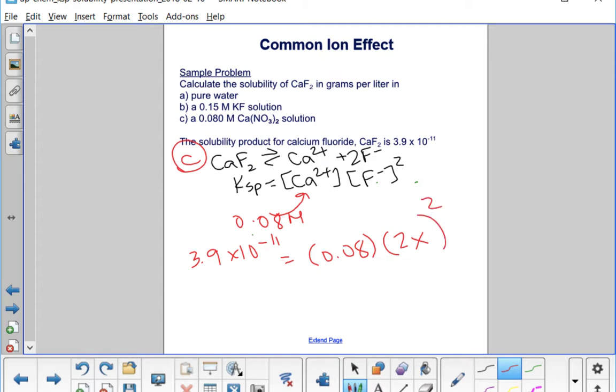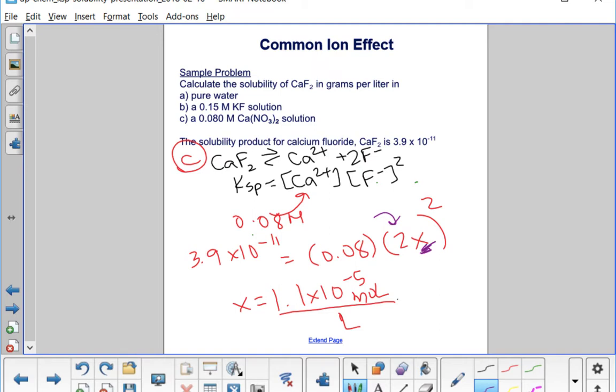Here we just have to solve for X. And when we do that, we get 1.1 times 10 to the minus 5. And this is a concentration in moles per liter. And that'll be a single X, right? Since I accounted for the 2 here, this single X would be my lowest mole ratio.